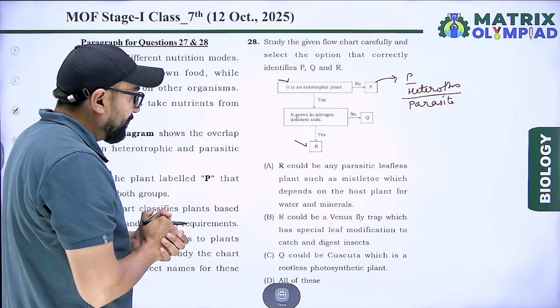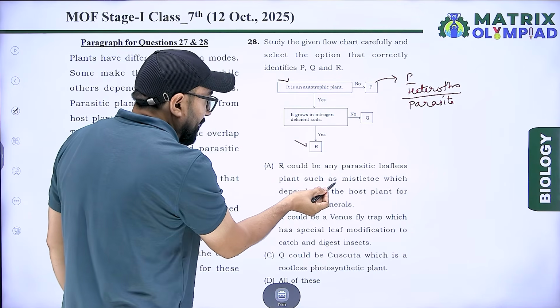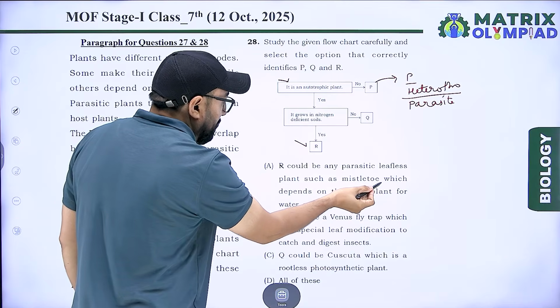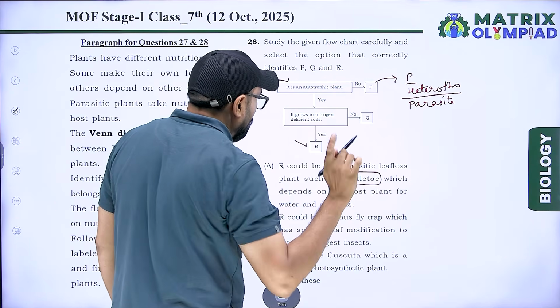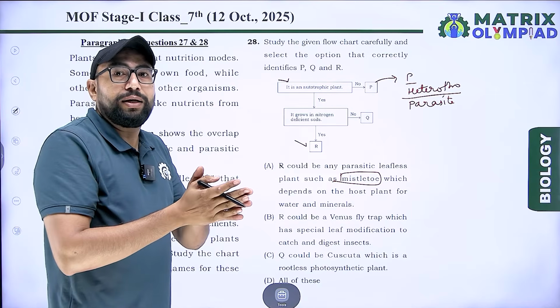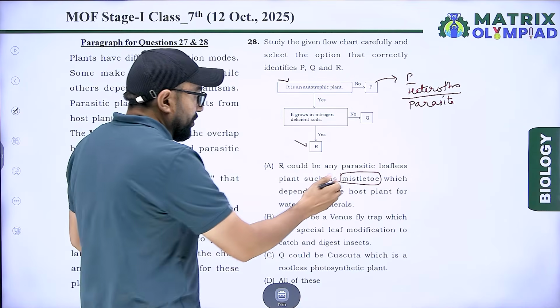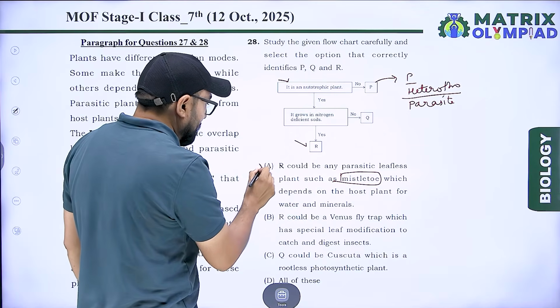Could R be a parasitic leafless plant such as mistletoe? No, because mistletoe grows on another host plant's body like cuscuta, so that is wrong.